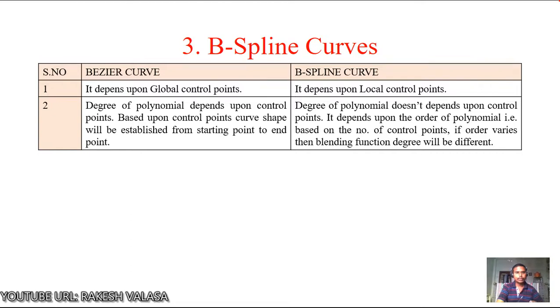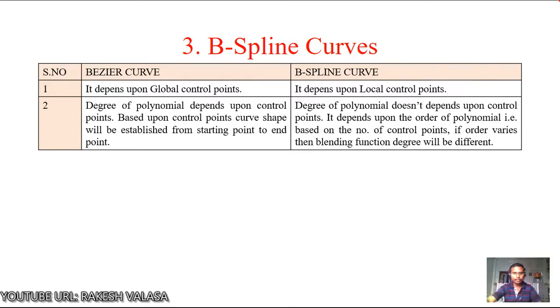Based upon the control points, the curve shape will be established from the starting point to the end point. In a b-spline curve, the degree of polynomial does not depend upon control points. It depends upon the order of polynomial, that is based on the number of control points. If the order varies, then the blending function degree will be different.